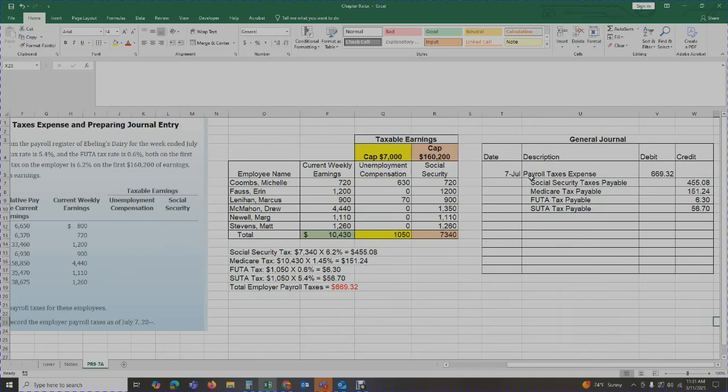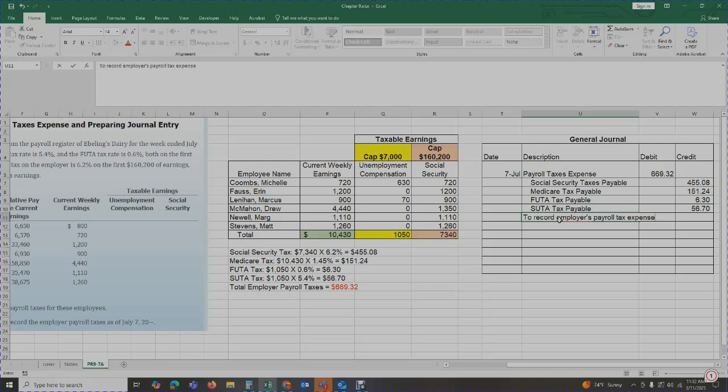So I'm going to record my payroll taxes expense for the total of all of my taxes. And then I put the money into the respective payable accounts. That way when I am getting ready to remit payment to the different taxing entities, I just take the money out of there and cut them a check. So this is the entry that needs to happen to record the employer's payroll tax expense.